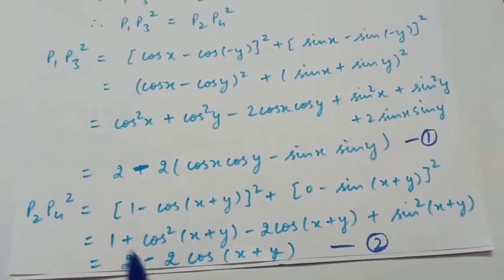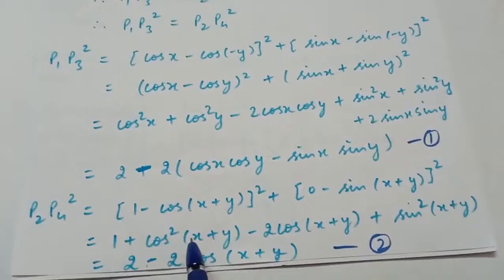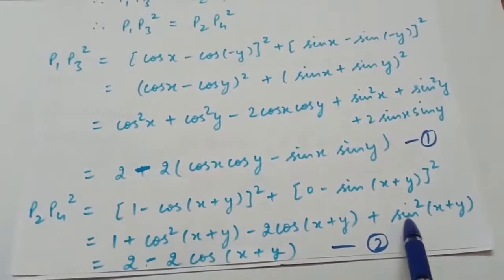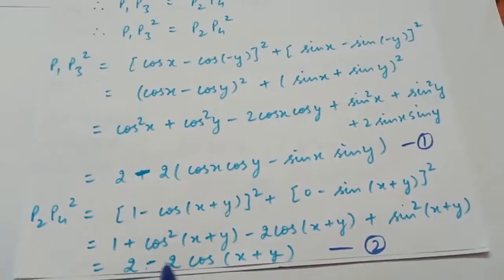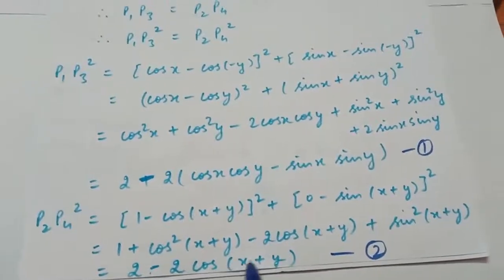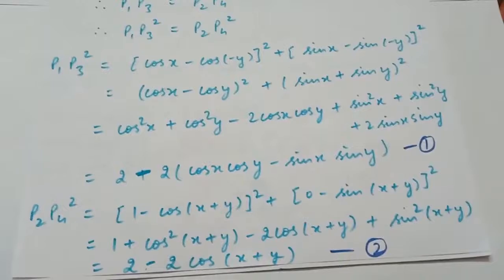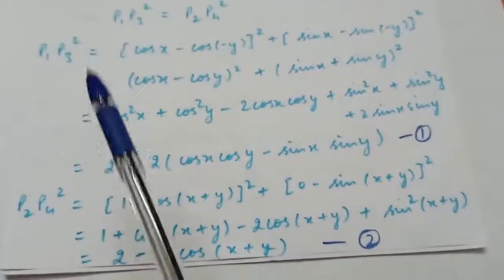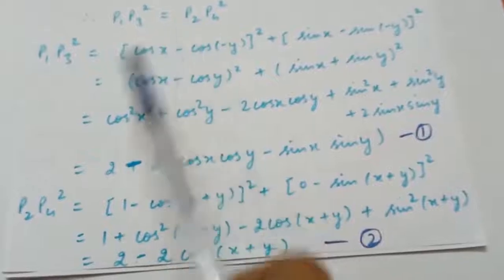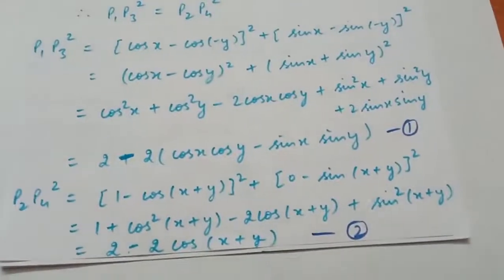Clear? Now this is 1. Also cos square(x plus y) plus sin square(x plus y) will be 1. So 1 plus 1 is 2 minus 2 cos(x plus y), and let this be 2. Now see, because these two distances are equal, therefore 1 is equal to 2.